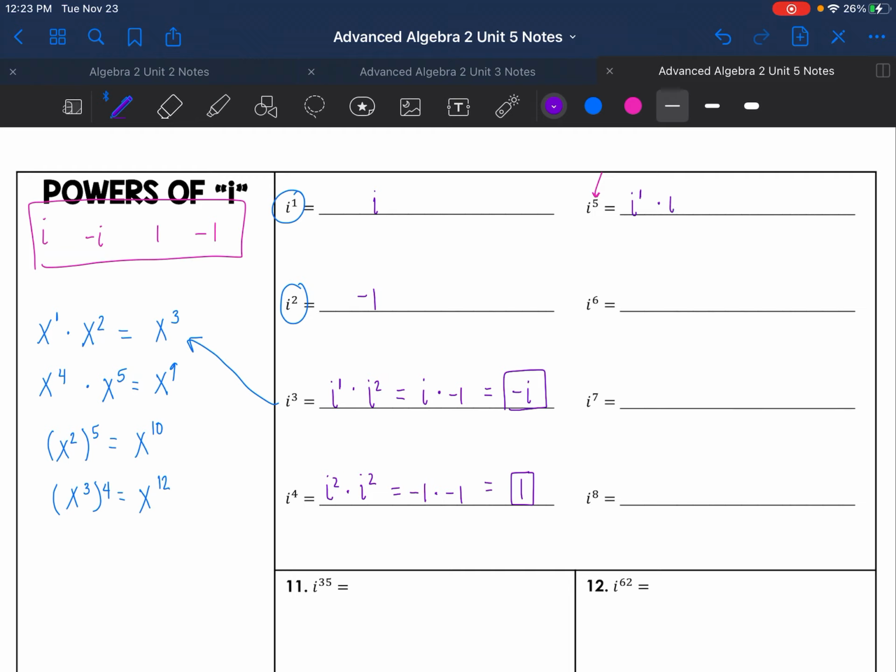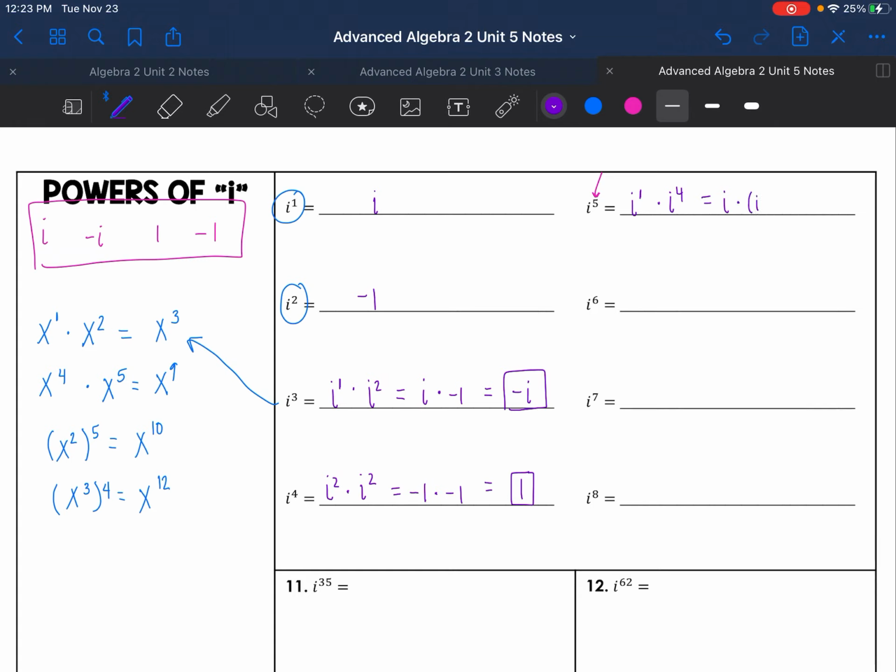This will be i times i to the 4th. Now, because we just did that one, we know that's 1. But let's pretend we didn't just do it. Let's just see how we can write i to the 4th.